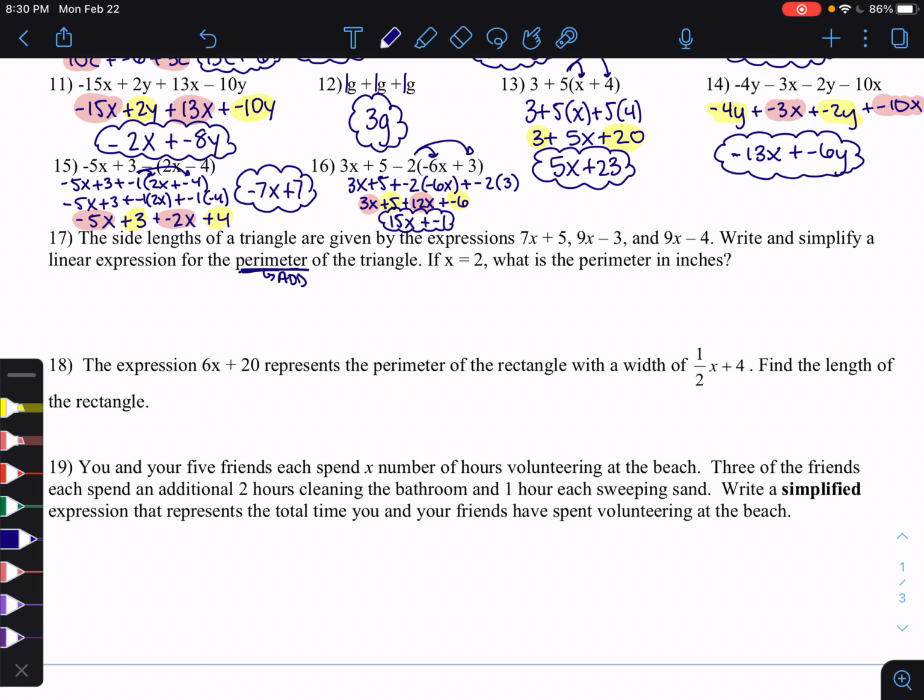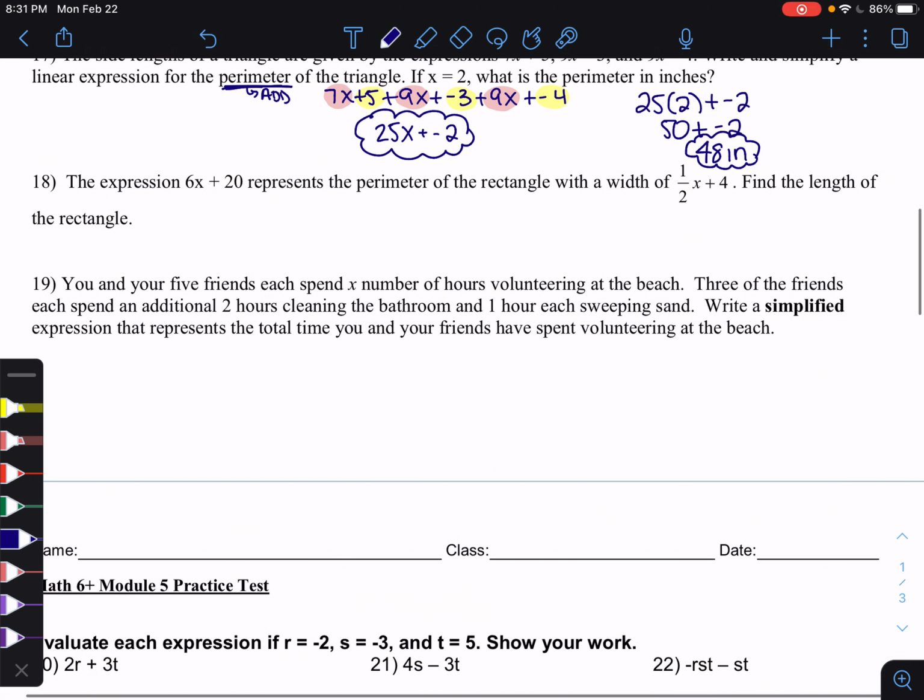In number 18, it says the expression 6x plus 20 represents the perimeter of the rectangle. So if I've got a rectangle, then I know the entire outside is 6x plus 20. And it says I've got 1/2 x plus 4 as the width.